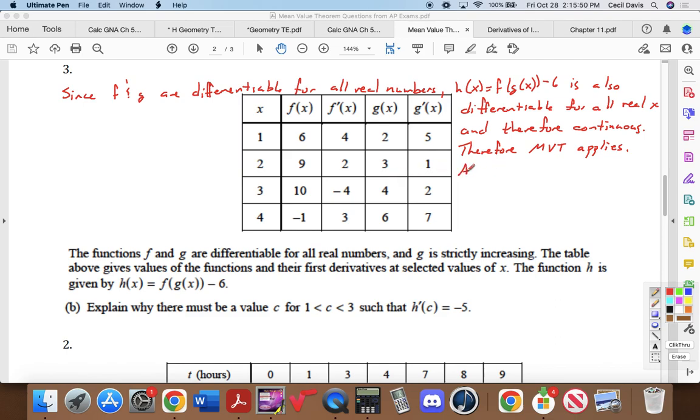So I need to find the average rate of change of h on the closed interval from 1 to 3. And we're really hoping this comes out to be negative 5.